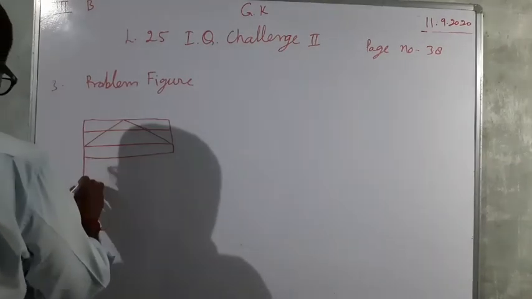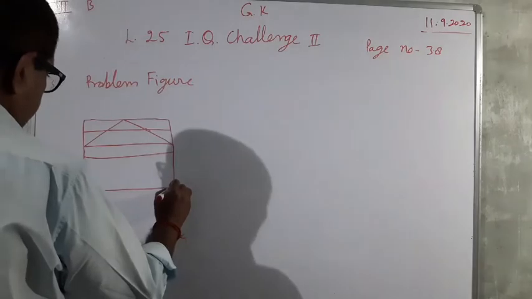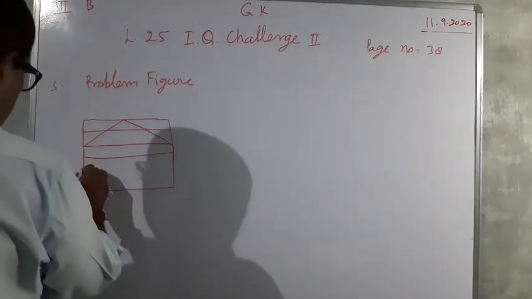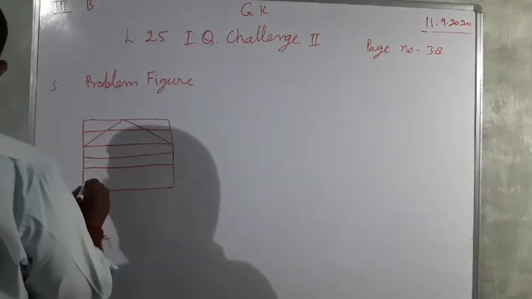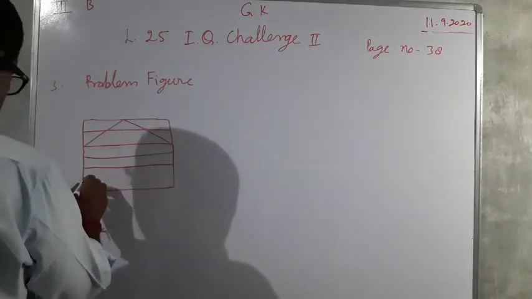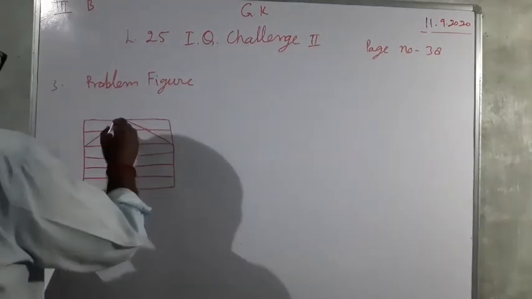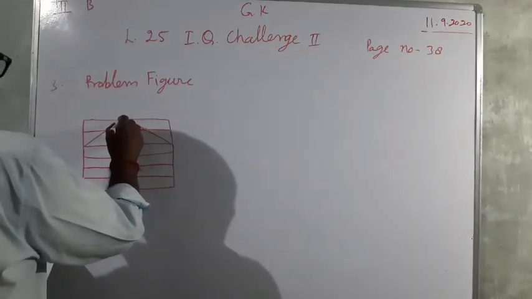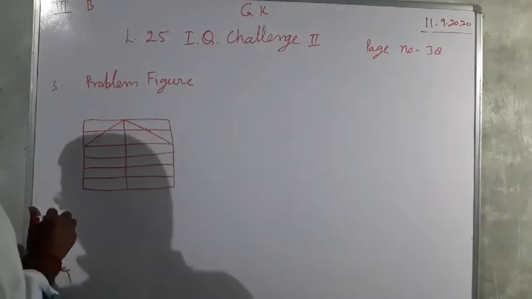And here also same structure. This is one line. This is second line. And one more line is there which comes from this region and divides it into two parts.